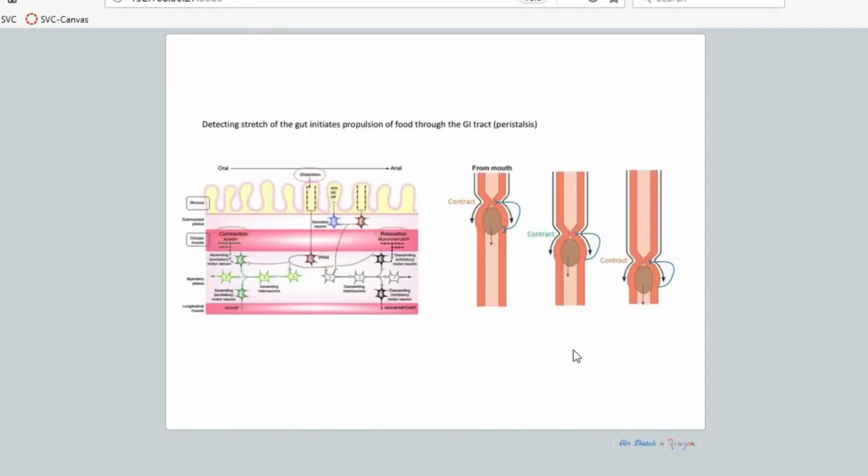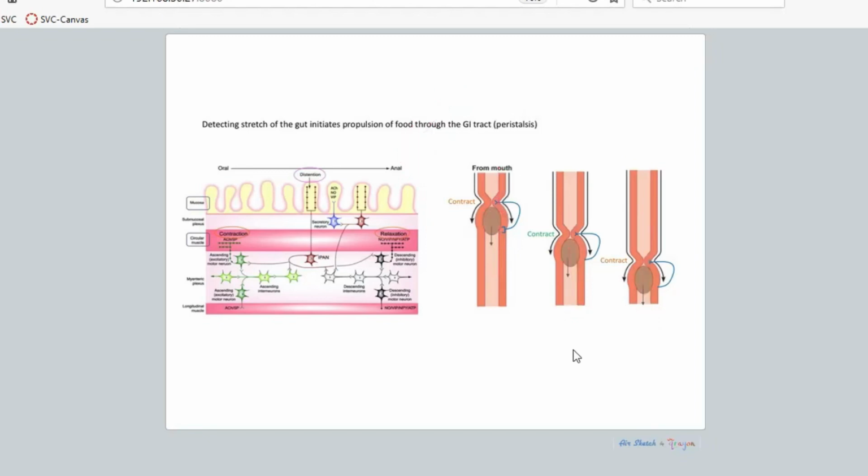And then lastly, here's another example. This is in the gut, in the small intestine, but it could be anywhere in the GI tract. The point is that we want to move food through the gastrointestinal tract. How do we do that? That's what this is illustrating. You don't have to know the specifics. We talk about this in 242. It's just an example.